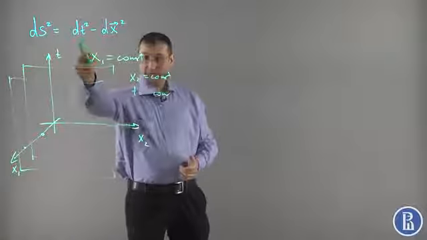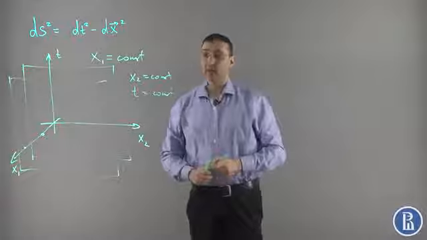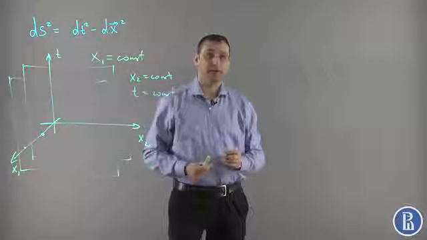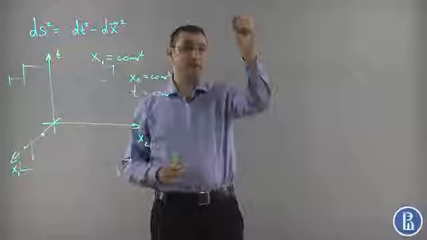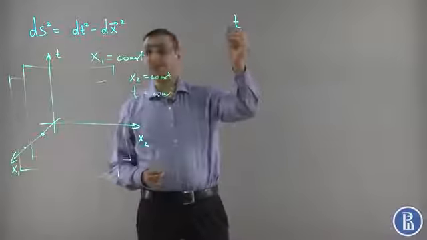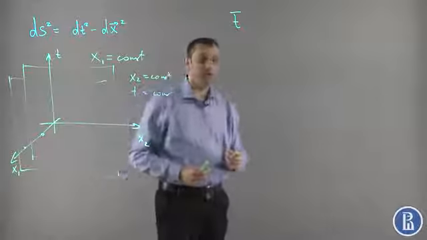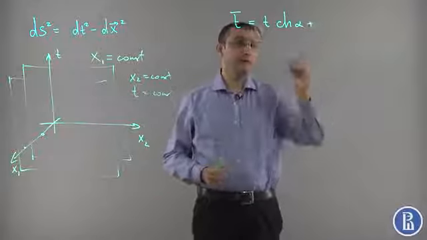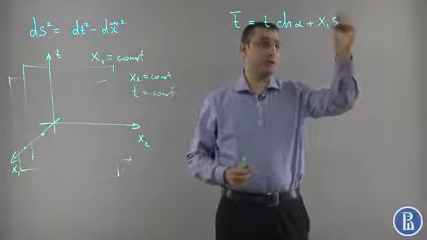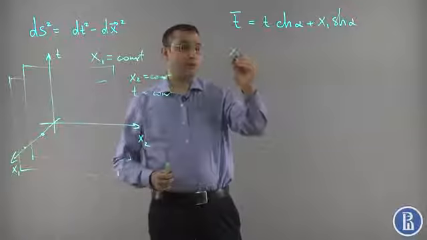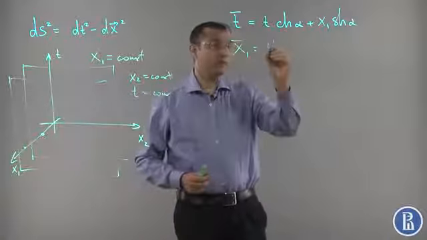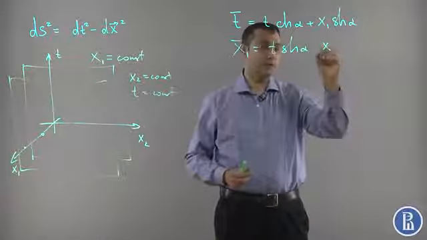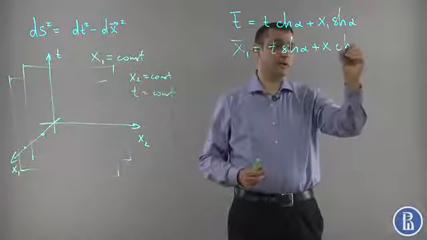This bilinear form is invariant under the following coordinate transformation, which is known as Lorentz boost. It is given as follows. We have transformation from t and x1 to t bar, which is t hyperbolic cosine of alpha plus x1 hyperbolic sine of alpha, x1 bar is t hyperbolic sine of alpha plus x1 hyperbolic cosine of alpha.